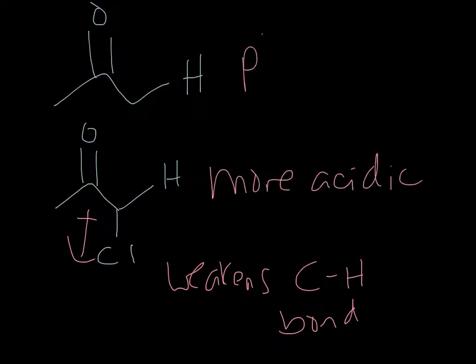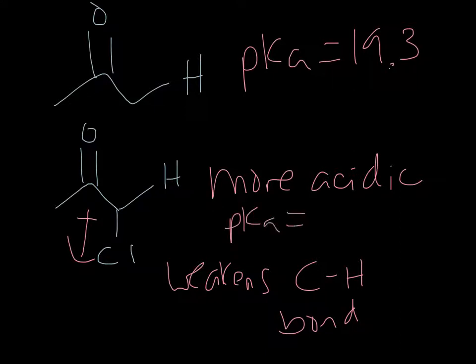The pKa of this top guy, acetone, is 19.3, and the pKa of this chlorinated acetone is 14.1. So one thing that can influence the acidity is the introduction of an electronegative atom, via induction. Having an electronegative atom on that alpha carbon makes that proton more acidic by pulling electron density away from it.